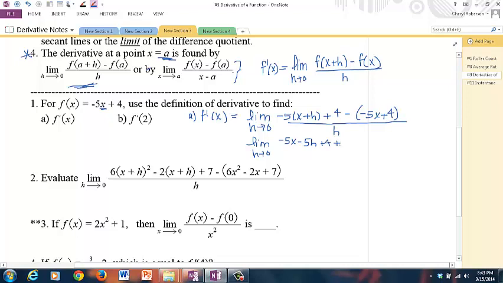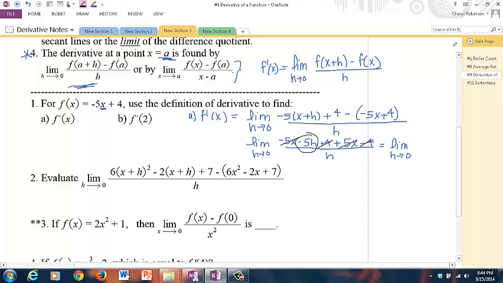Distribute our negative, we have plus 5x minus 4, and all of this is over h. And then again, I'm sure we can collect some like terms here. So it looks like our negative 5x and positive 5x should cancel. Positive 4 and negative 4 should cancel.